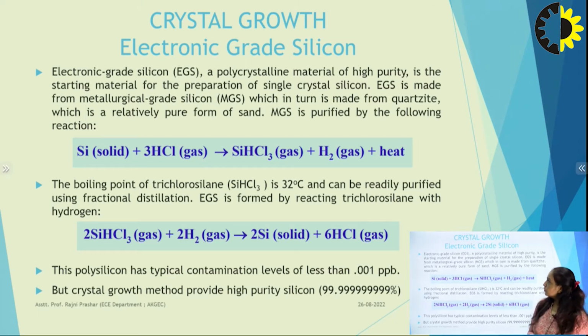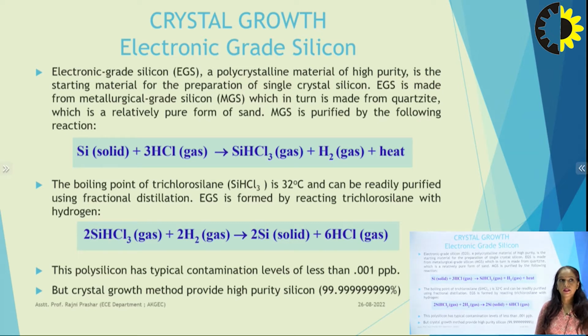In crystal growth, the basic material, electronic grade silicon, is a polycrystalline material of high purity and is the starting material for the preparation of single crystal silicon.